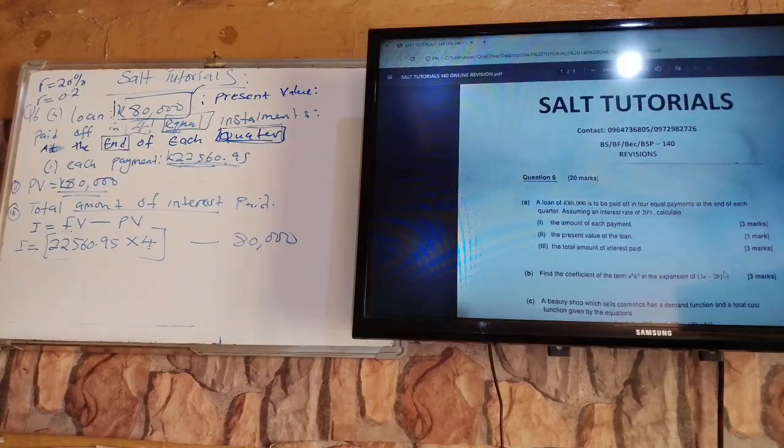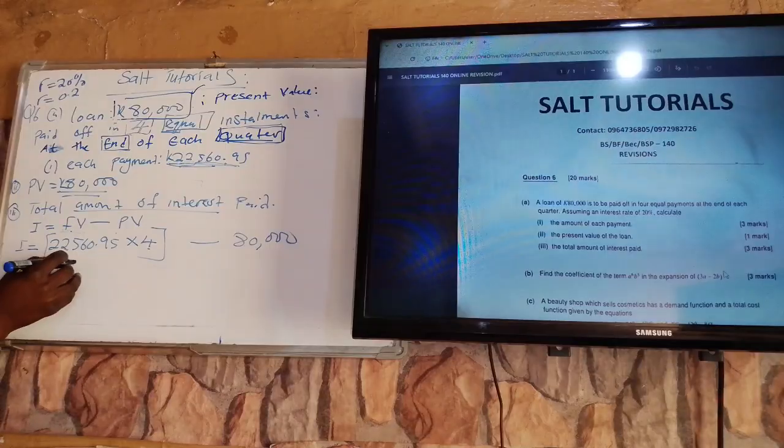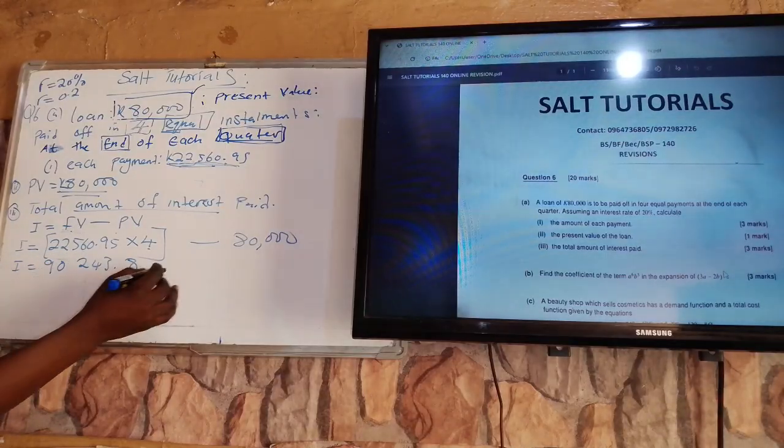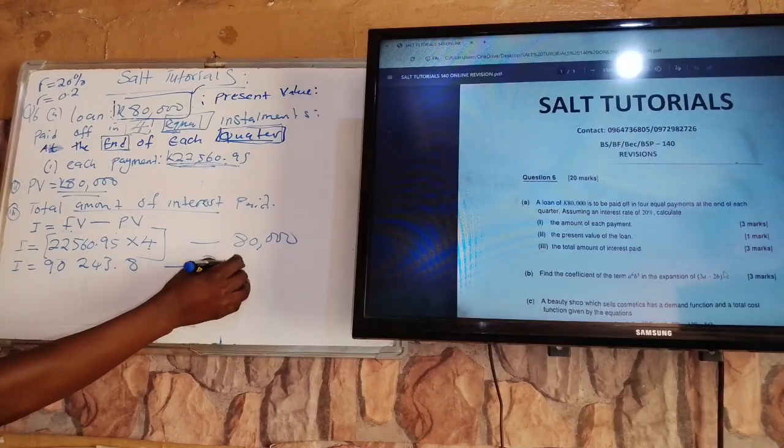So we have 22,560.95 multiplied by 4. We are going to have a value of 90,243.8. This is your future value. Subtract 80,000.